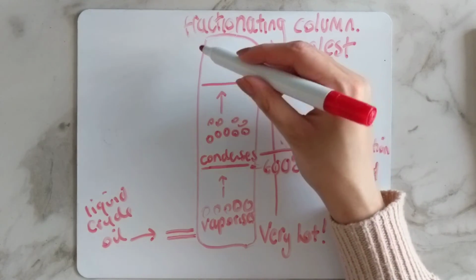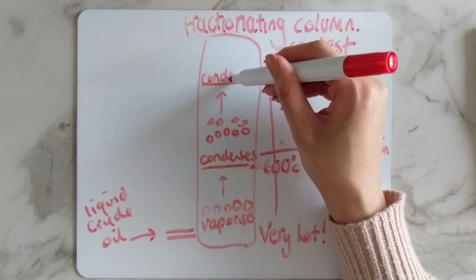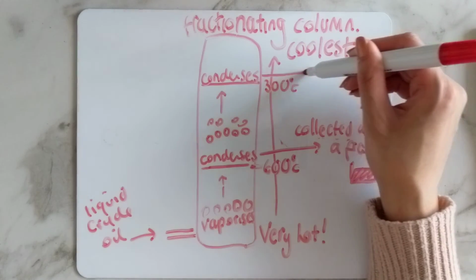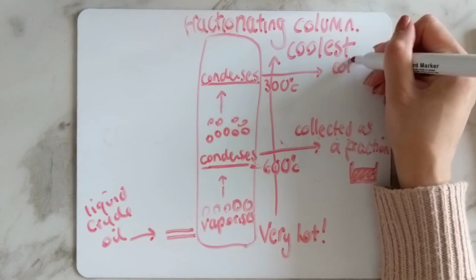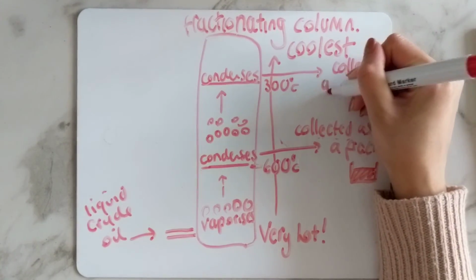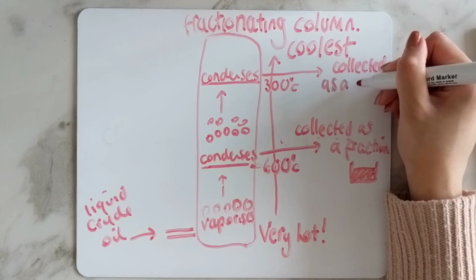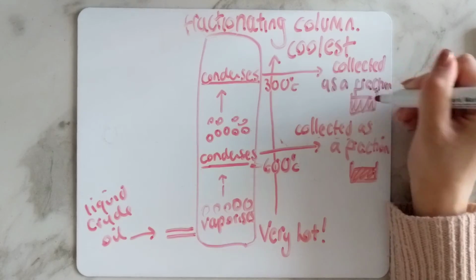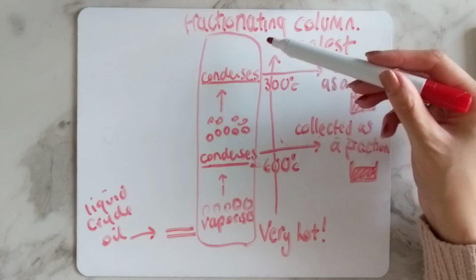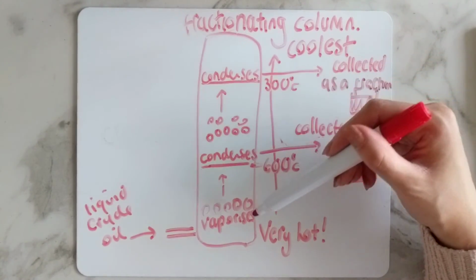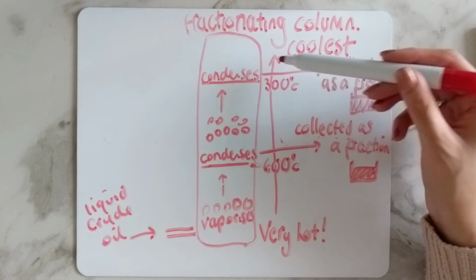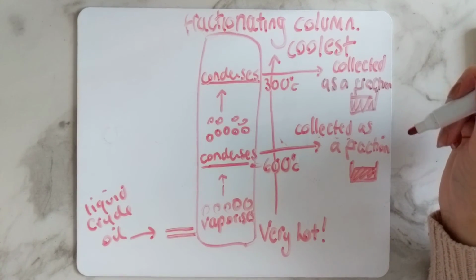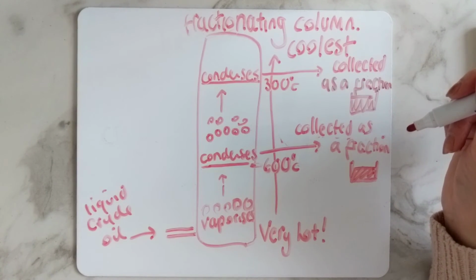So petrol condenses at its boiling point and is collected separately as a petrol fraction. This continues all the way through the column, so that you separate out all the different hydrocarbons in that mix of crude oil.